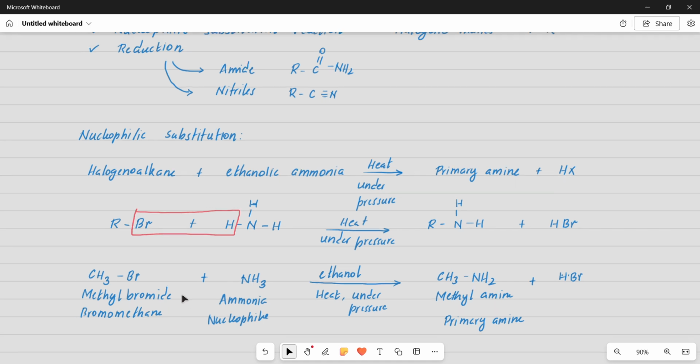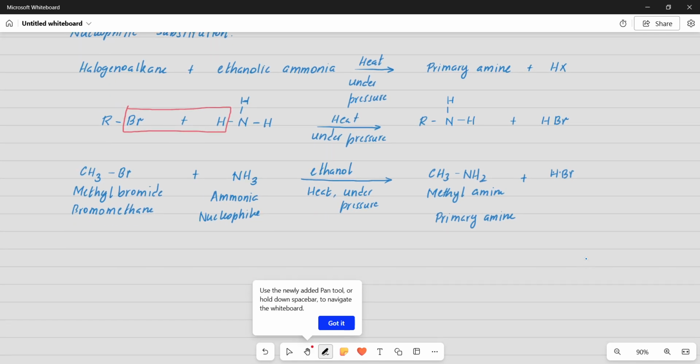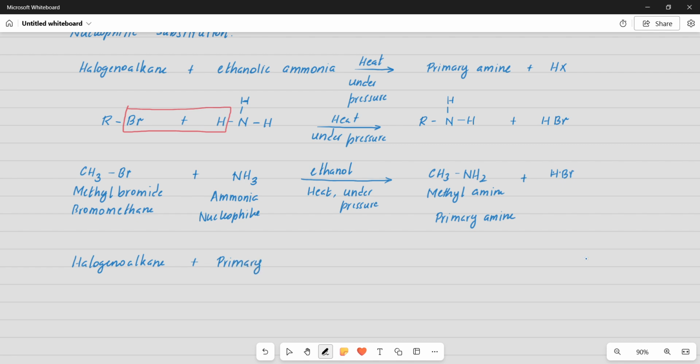If I want to form secondary amine with the same nucleophilic substitution, I can take again halogenoalkane and combine with primary amine. Here the primary amine acts as a nucleophile, and you will get secondary amine and hydrogen halide.